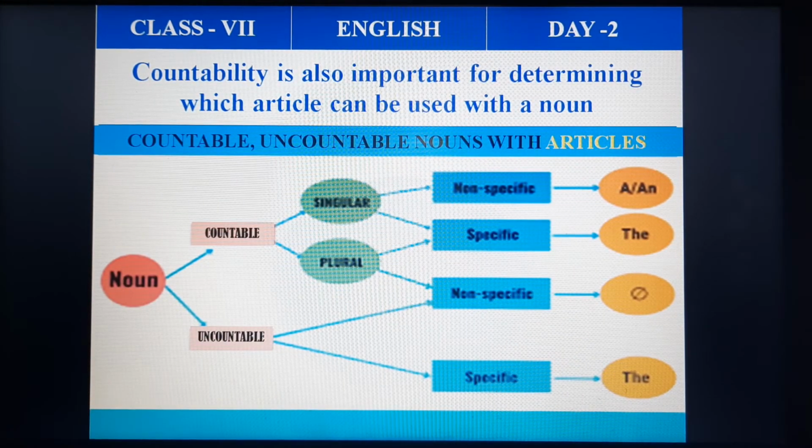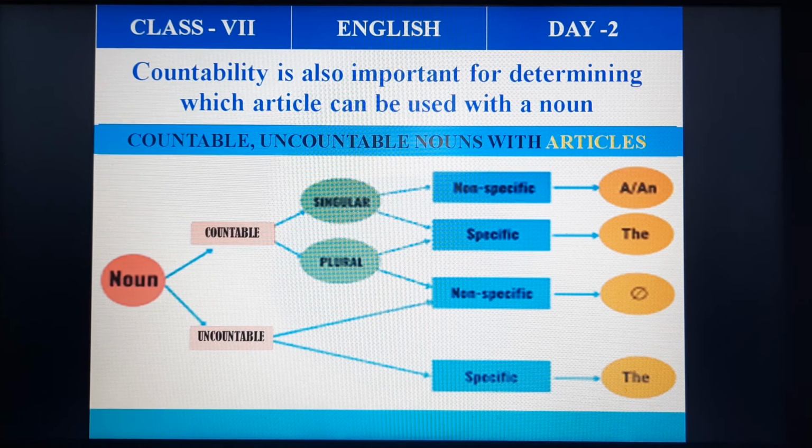Now countability is also very important for determining which article can be used with a noun. So, countable and uncountable nouns with articles. Let's see how to use countable and uncountable nouns with articles. As you see here in the picture, in the countable noun we have singular and plural. Now when we refer to a singular countable noun, if it is non-specific, then we use the article a or an.